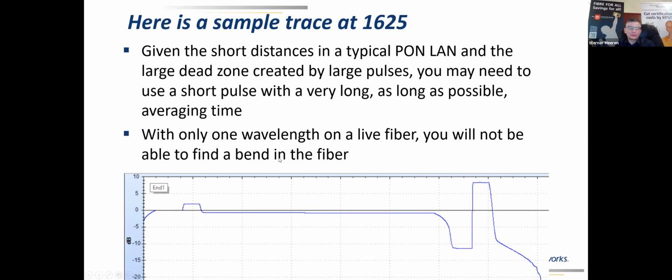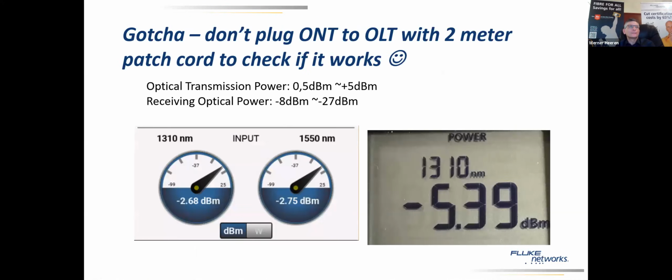So those are some small things to keep in mind when you do this troubleshooting on a PON network. And another one: sometimes when an installer is installing this PON network and wants to test it, he will connect the OLT almost directly to the ONT with only a 2-meter patch cord.